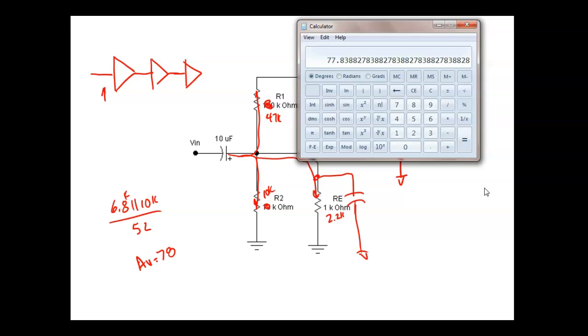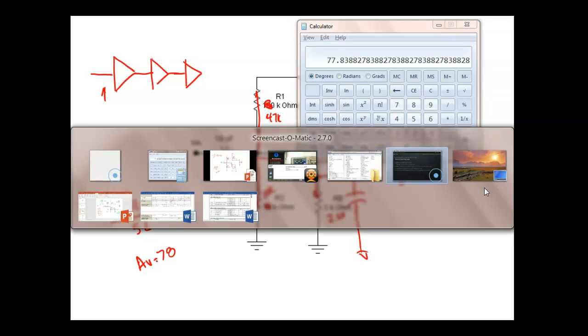Now around 77. So here's our measured gain.